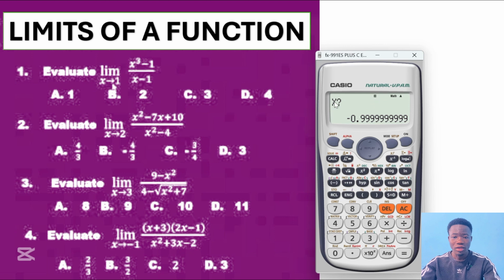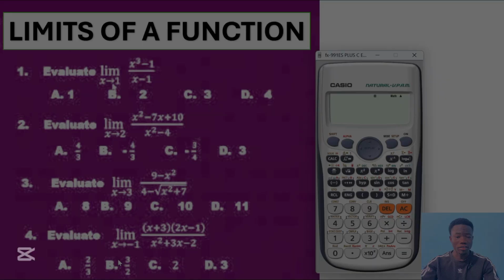So come to calc, they're asking for the value of x. So I can put negative 1.0000001, and you still have the same value of 1.5. Same thing. So your correct answer here is B.